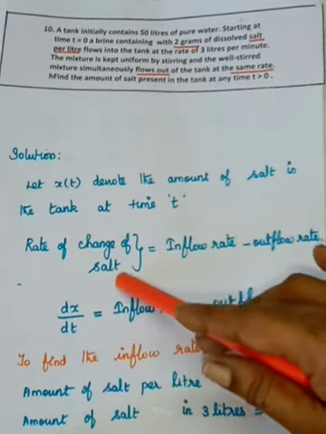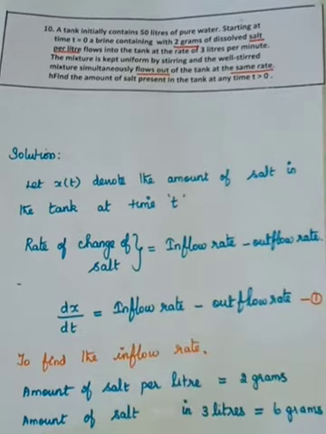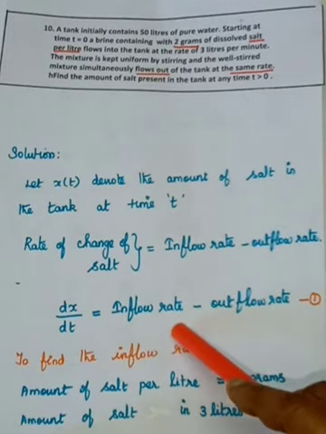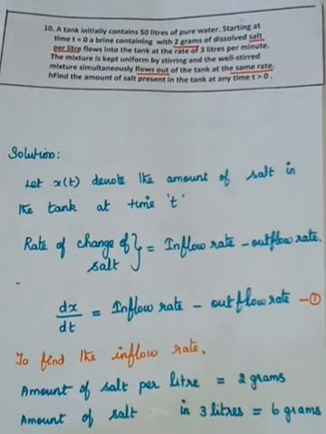The rate of change of salt, dx by dt, is equal to inflow rate minus outflow rate. Inflow rate means how much salt is flowing into the tank with respect to time. Outflow rate means how much salt flows out of the tank with respect to time. That only we have to find out.